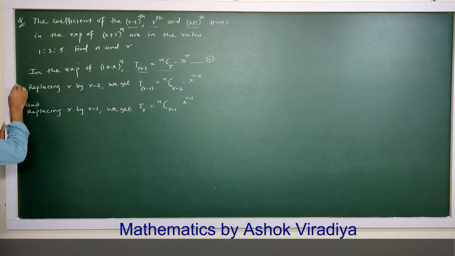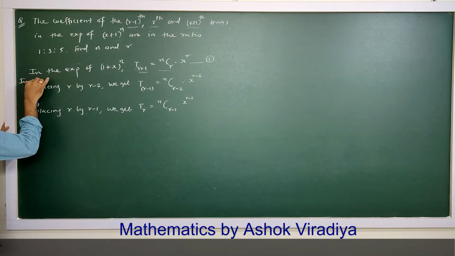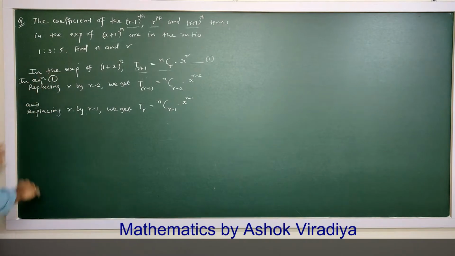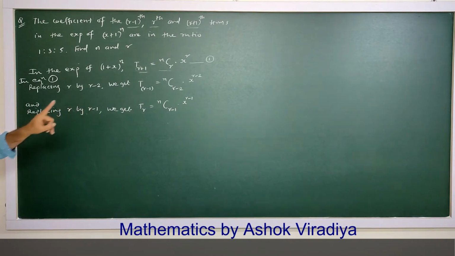So in equation 1, we are replacing r by r minus 2 and r by r minus 1, and we get these two statements.